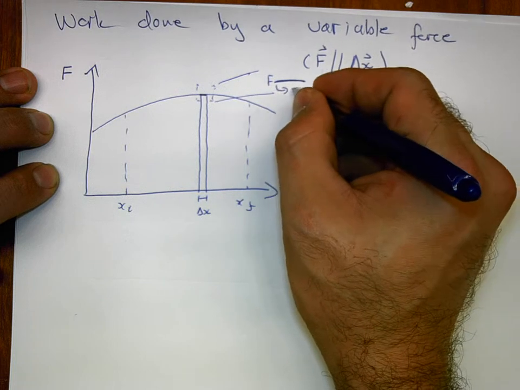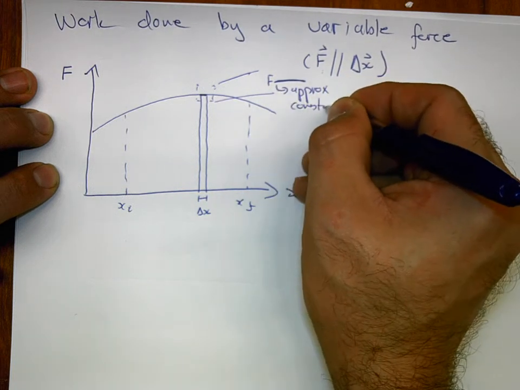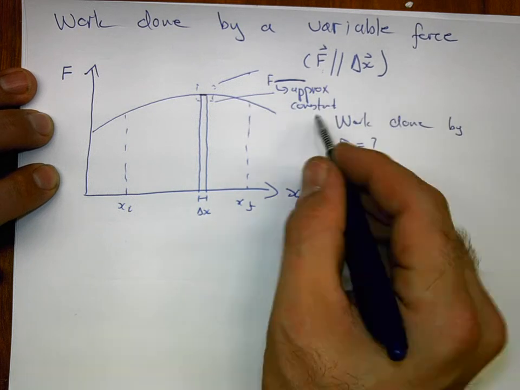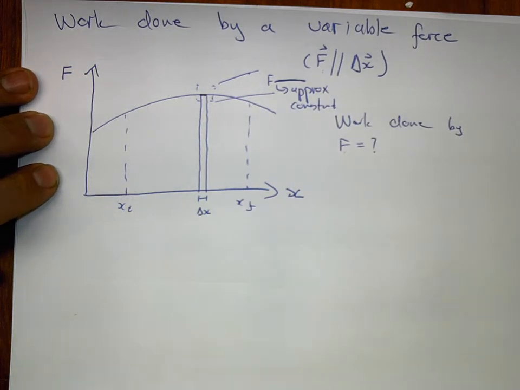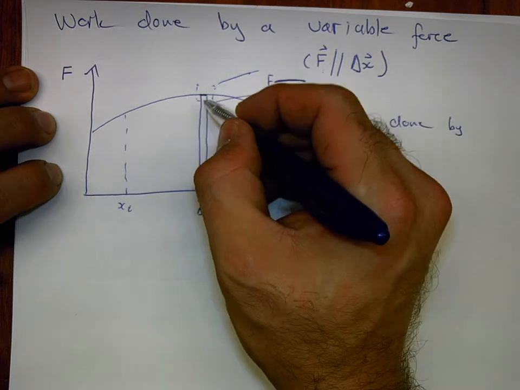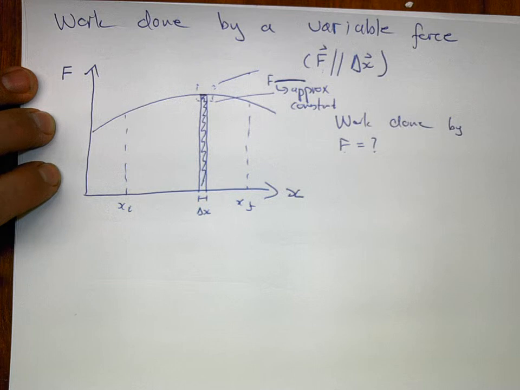So the force is approximately constant for this tiny interval. And I know how to calculate the work done by a constant force. That's just going to be the area of that rectangle.